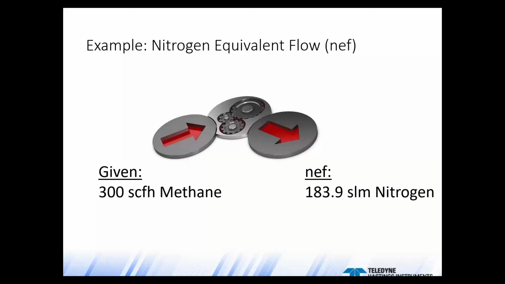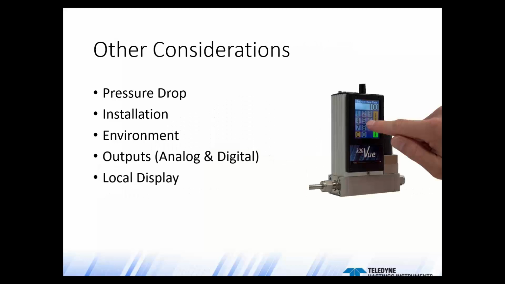But let's make this really simple. All you need to do is tell us what gas, what units, what flow rate that you need, and we'll provide the nitrogen equivalent flow in standard liters per minute. And then from there, we can select the body size and shunt that will be required.